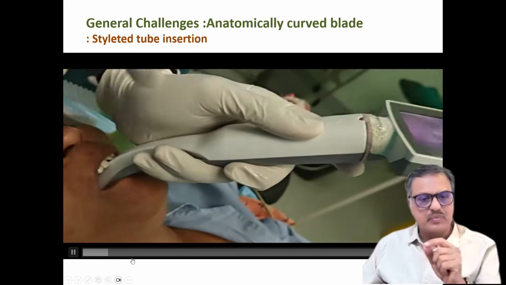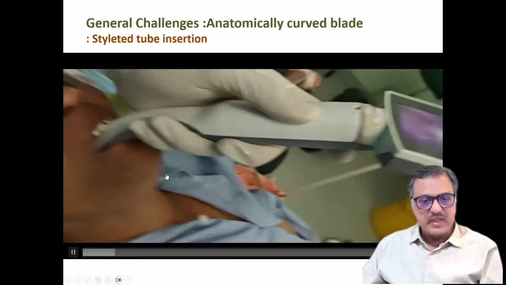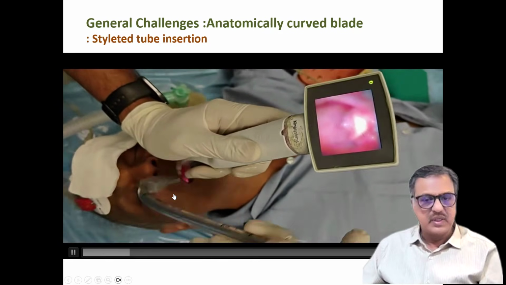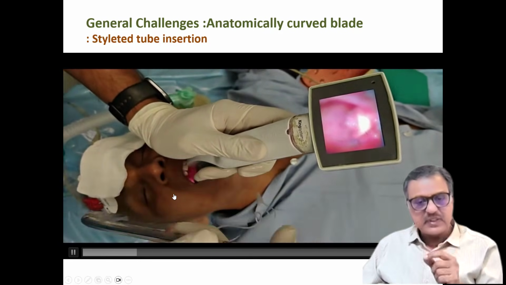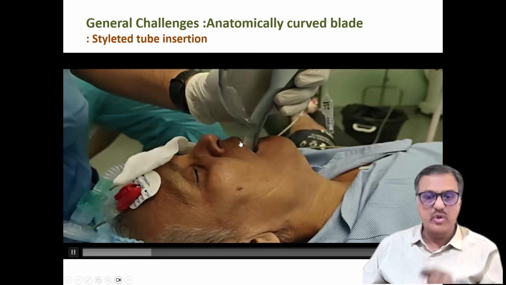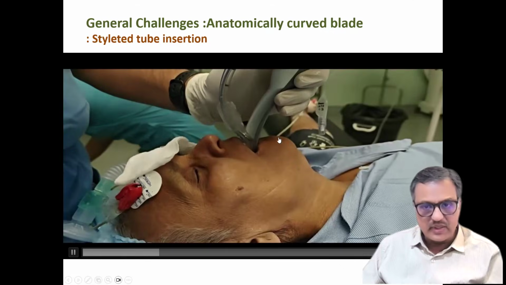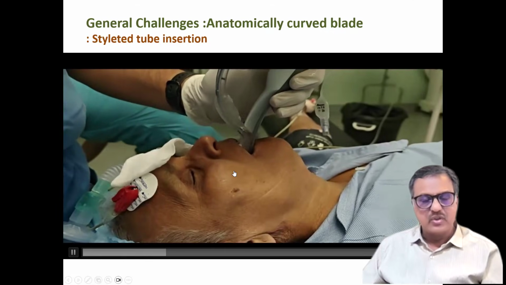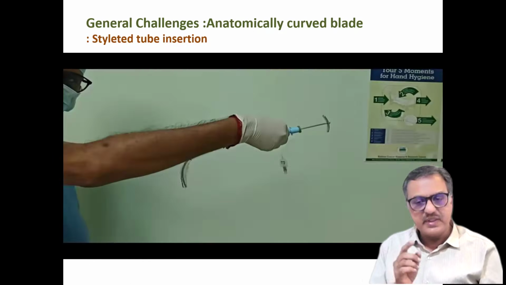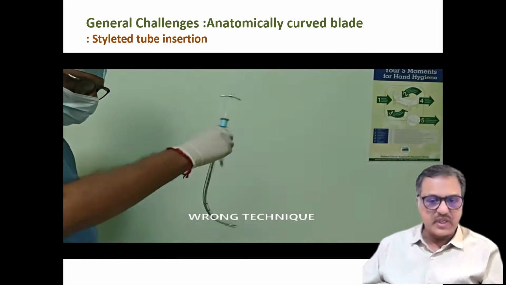Now you have to insert the pre-shaped tube. Many times you won't get the space here, so you have to generate the space. The pre-shaped endotracheal tube with the stylet should not be inserted in the midline. You won't get the space. Look, here I am not getting the space to go in. So the pre-shaped endotracheal tube has to be inserted from the side of the mouth.